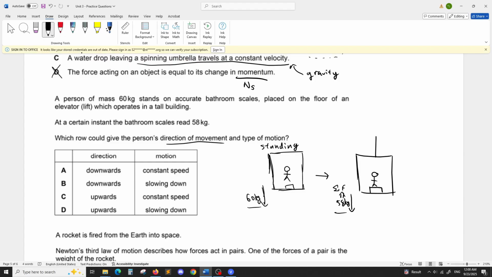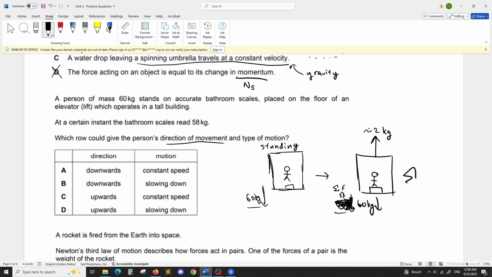So that means that we have a force that's going up basically, and it's about 2 kg-ish. So since we know that it's going up, I should write that this is not 50 kg, this is 60 kg.